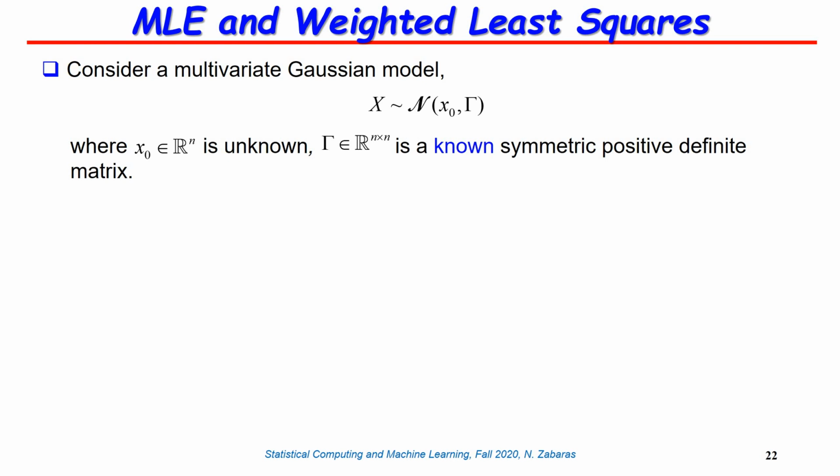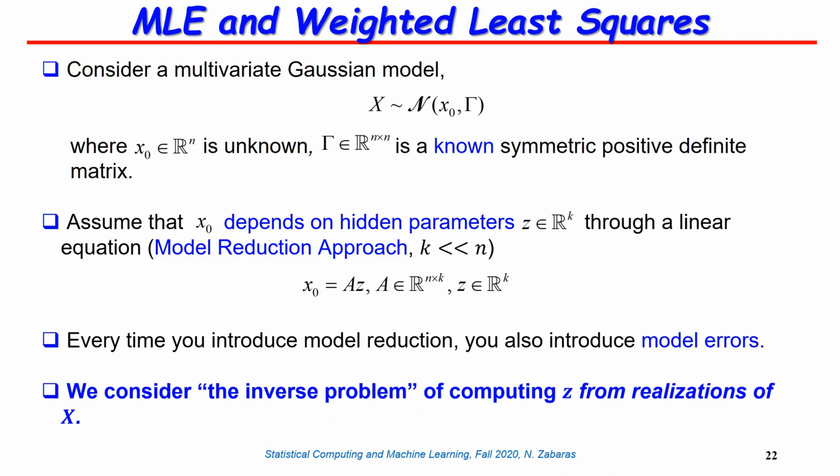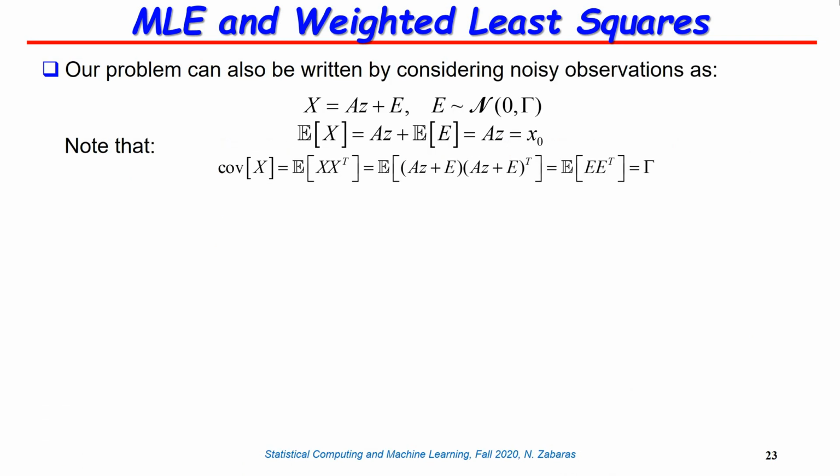Let me actually go backwards, and start with an equation that is written on the follow-up slide. Let's say that x is related to some hidden variable z through this equation: x is equal to Az. A is a matrix that matches the dimensions of x and z, and generally speaking, z has a lower dimensionality than capital X. So you can think that z is the hidden cause for x.